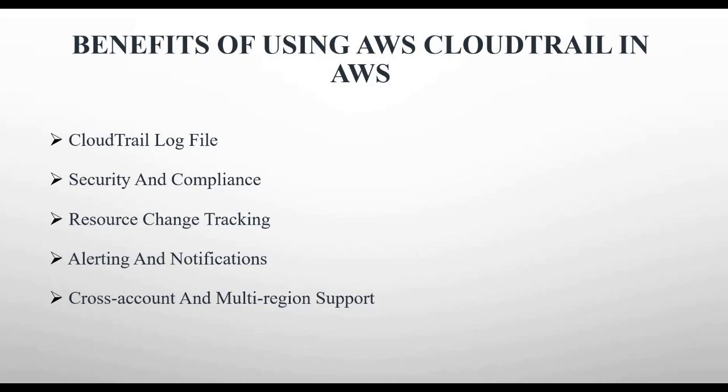The main benefits are CloudTrail log files, security and compliance, resource change tracking, alerting and notification, and cross-account and multi-region support. First, CloudTrail log files: log file integrity validation is a tool you may use to help with IT security and auditing procedures. Security and compliance means meeting security and compliance standards is made easier with CloudTrail.